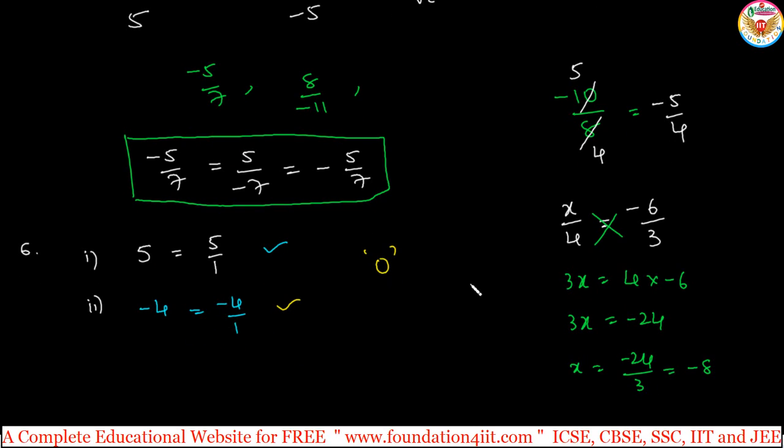That is negative 8, because we can cancel this. 3 ones are 3, 3 eights are 24. Don't worry about the sign, the same negative sign will apply here. So whenever two rational numbers are equal, with numerator and denominator on both sides, just go for cross multiplication and solve. Right? These are the important properties of rational numbers. Mostly based on these properties only, we can solve the problems. Let us see how to represent rational numbers on the number line.